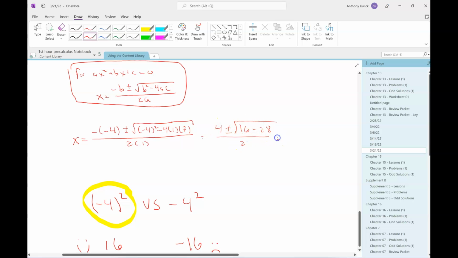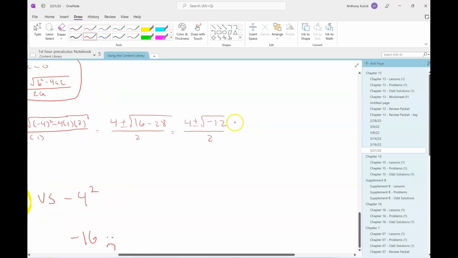No big deal. 16 minus 28 is... negative 12. It is 8:15 in the morning or something, so it's 12 or 20. Oh my goodness, time's just racing by here. So there's that, right?